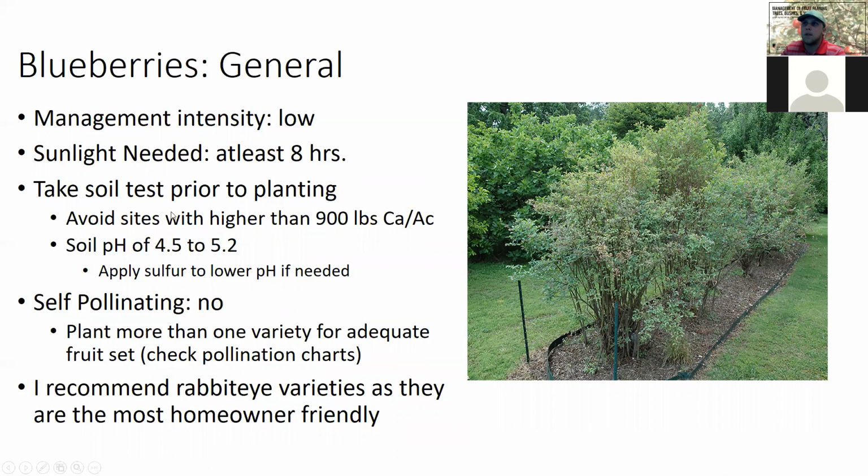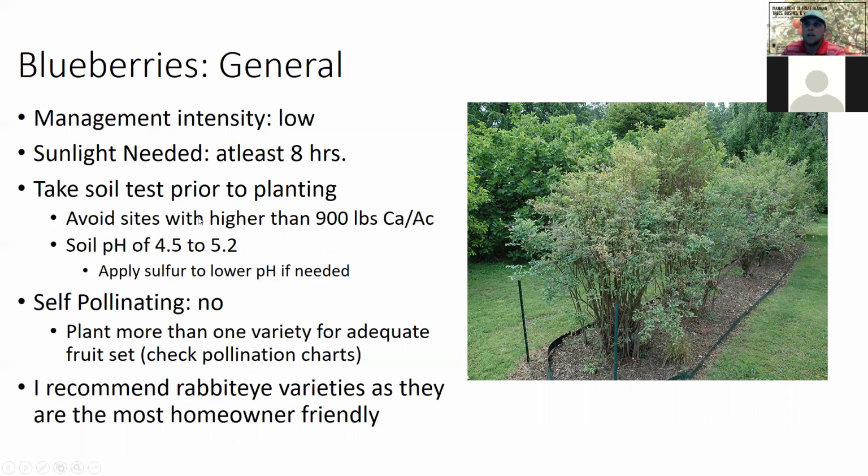But nonetheless, they are adapted to our climate and our soils here. Sunlight needed: at least 8 hours. You can get away with planting these in shadier places that maybe receive filtered light or six hours a day. However, temper your fruit production expectations a little bit if you're dealing with a more shady site.